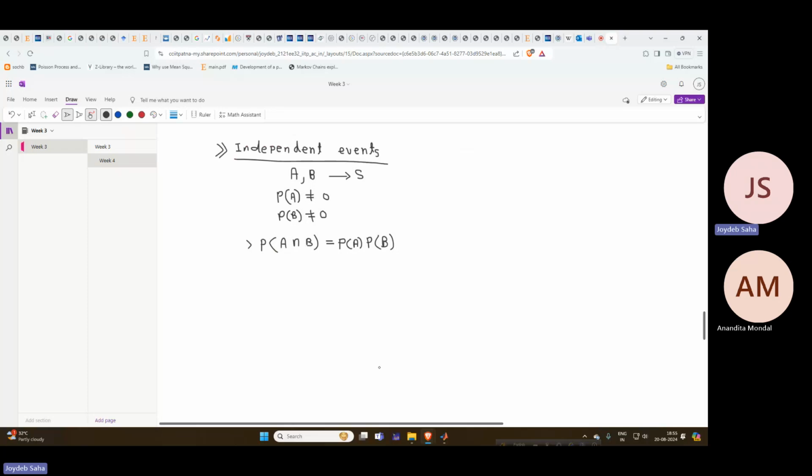Again, for P of A and P of B not equal to 0. Now the question is that what will be the conditional probability for independent events? So let us write. What will be P of A condition P of B? Can anyone tell this? What will be the answer?